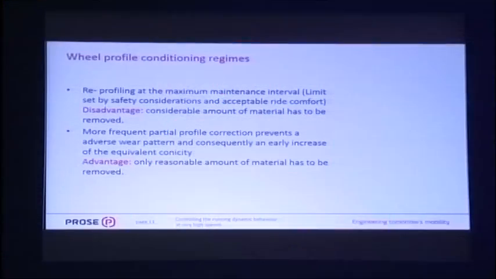Now you have a further option to prevent the instability. You have to maintain a very good profile. The traditional way is you reprofile your wheel at a certain maximum maintenance interval. That has the disadvantage that you have to remove a considerable amount of material, and that's expensive.